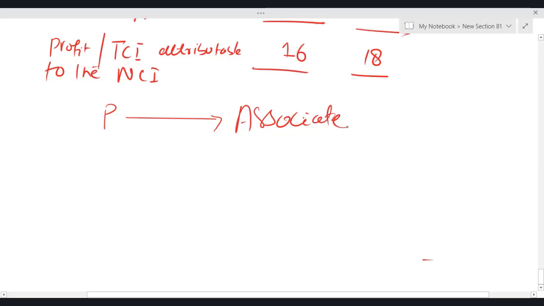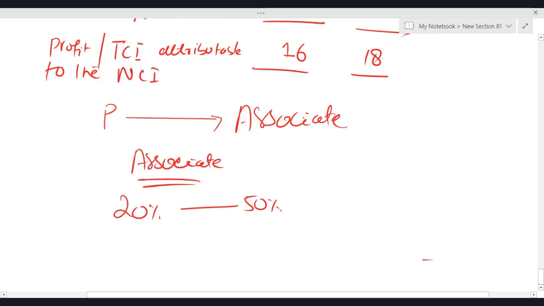Okay, parent and associate. Associate means where the parent is having, generally speaking, a holding between 20 to 50%. But obviously, it is just one of the criteria. In addition to that, you will be having a significant influence in that company. Significant influence means at least there will be one directorship chair.